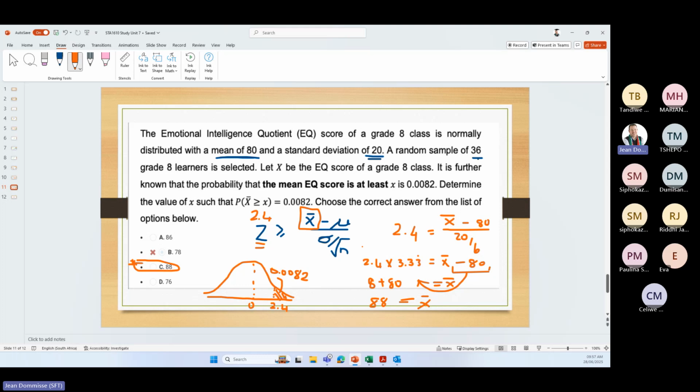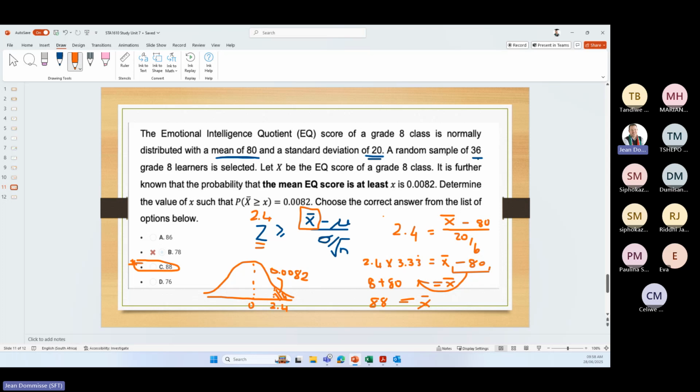I think there was a question like this in study unit 6 as well, where we needed to work out, by getting the z and the probability, how big the class was, or they said the score was above a certain number and how many students got that, and we needed to work out the whole number of the class.